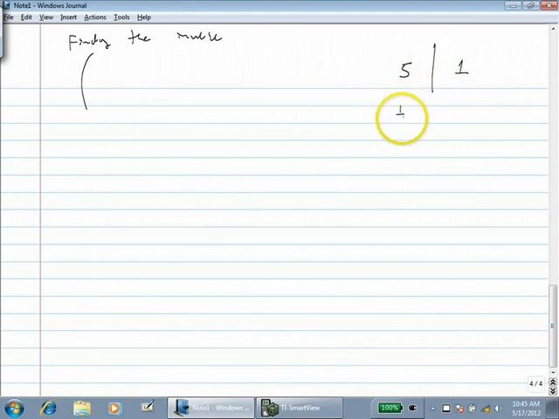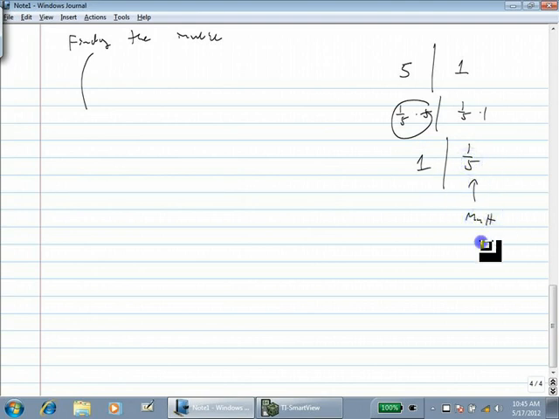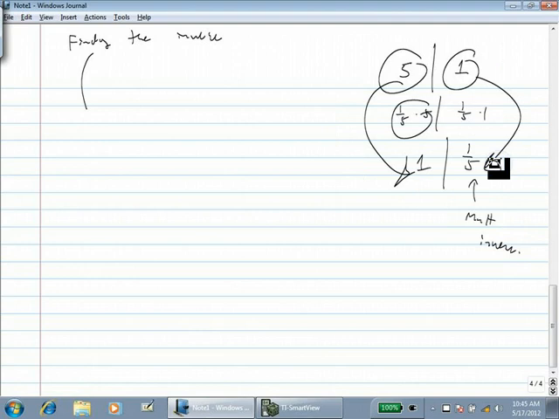If I do that to both of these things, the 5 turns into the 1, and the 1 turns into the multiplicative inverse. So the thing you do to turn a number into the multiplicative identity would turn the identity into the number's inverse. That's the idea. And the same thing happens with matrices.